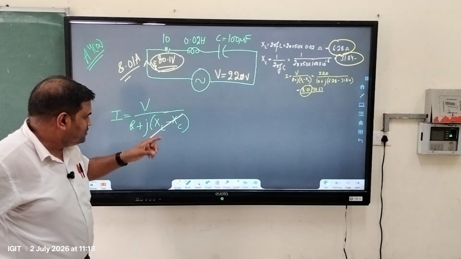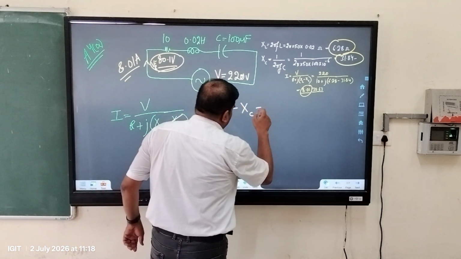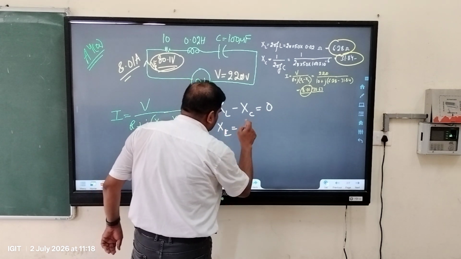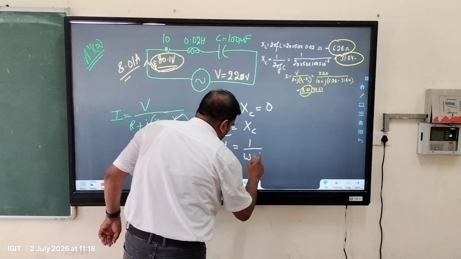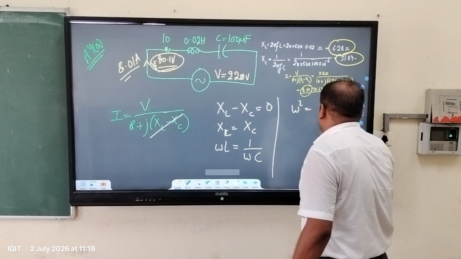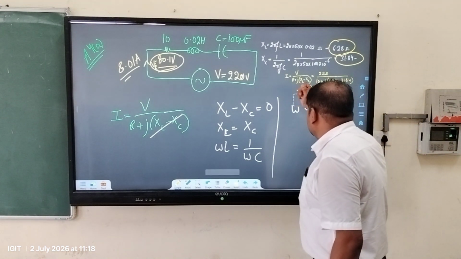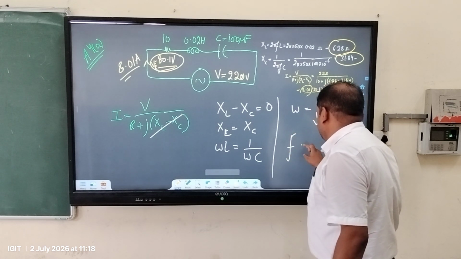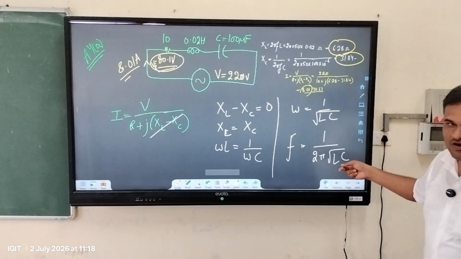So XL minus XC should be equal to 0. In this situation, XL is equal to XC, or omega L is equal to 1 by omega C, and I can write omega square is equal to 1 by LC. Omega is 1 over root LC. Omega is 2 pi f, so write f here, and the other part here. So now you get how this formula is coming.